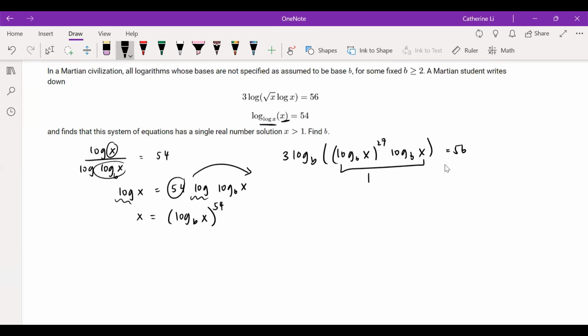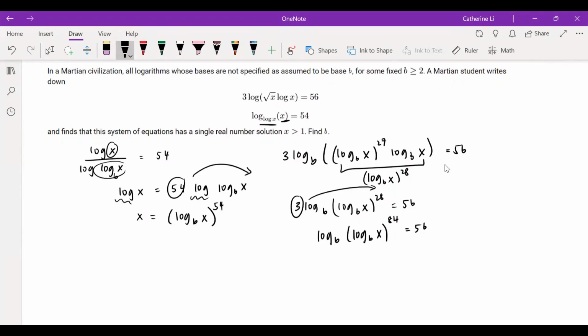So this product is just log base b of x to the 28th, which gives us 3 log base b of log base b of x to the 28th equals 56. We can bring this 3 up into the exponent, and that gives us log base b of log base b of x to the 84 equals 56.